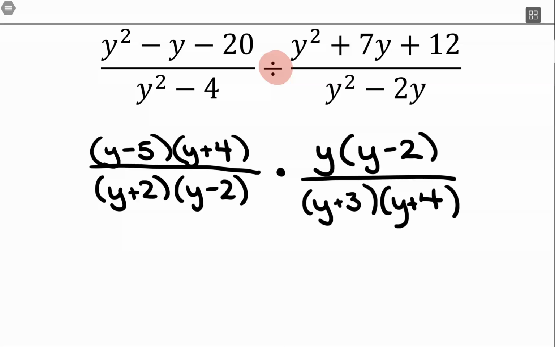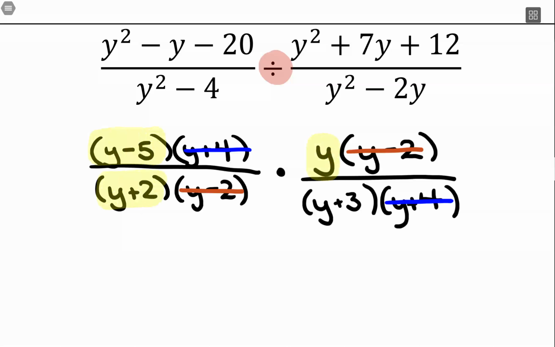Okay, so now we could go looking for things to cancel out. We have these y minus 2 values. We have y plus 4. And that's going to be it. So this y minus 5 is stuck in the numerator. We also have a factor of y in the numerator.